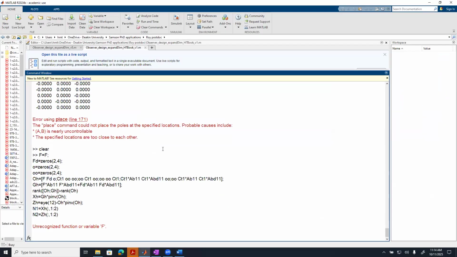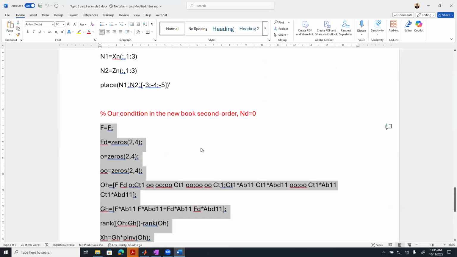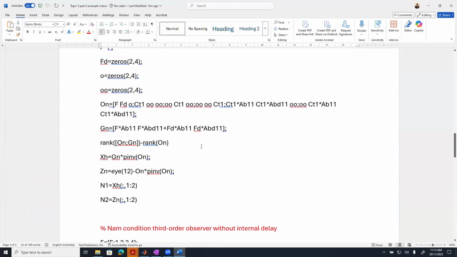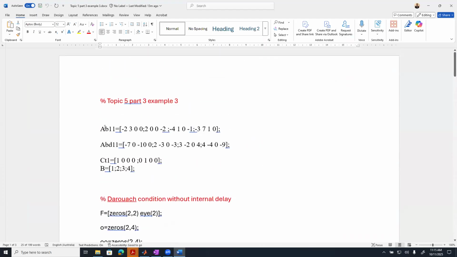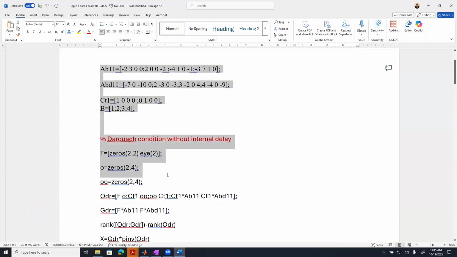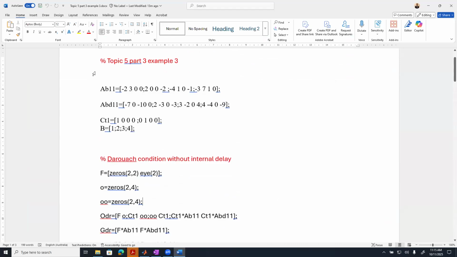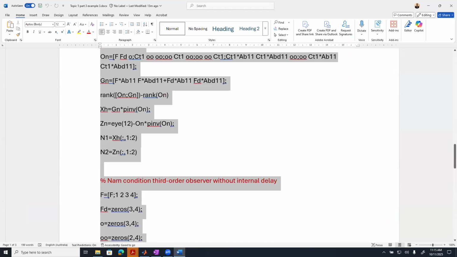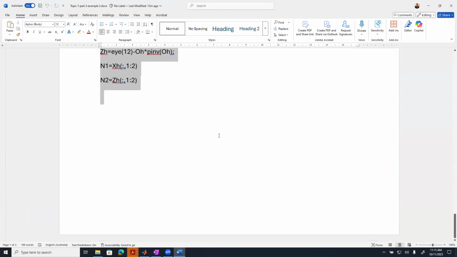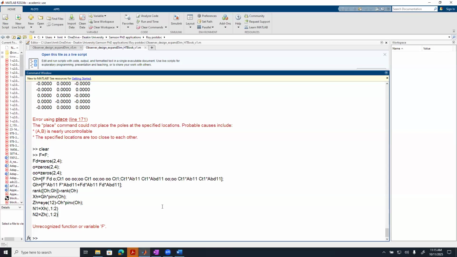And the problem is, okay, I need to, because I cleared up all the stuff in there, put the original matrix in and all of that. So maybe I can just copy the whole thing, go all the way until our method, second order without internal delay.